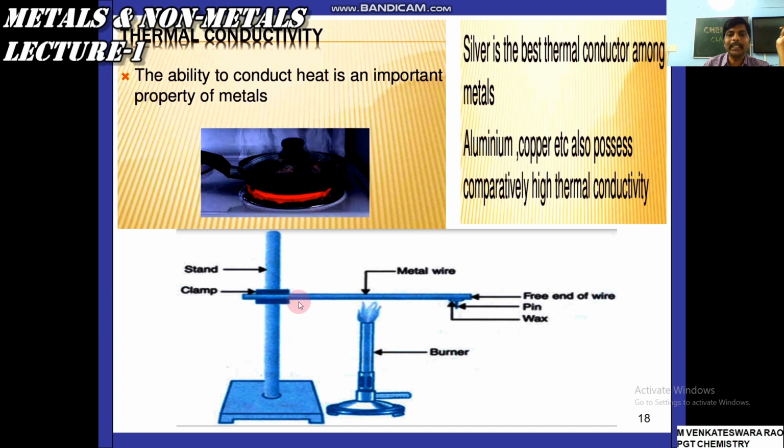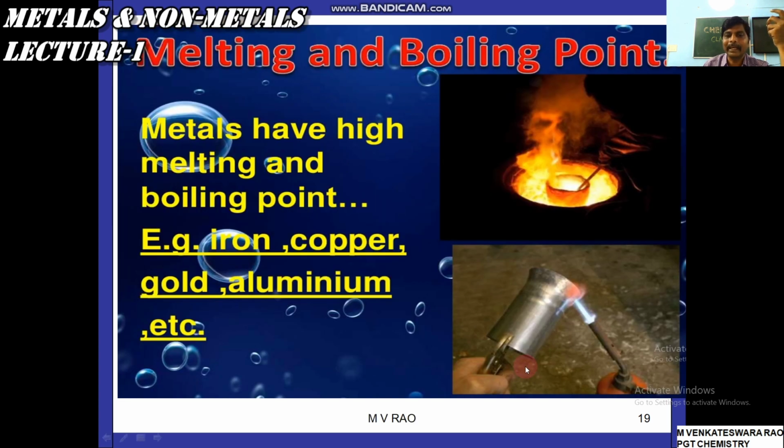So that means this rod allows the flow of heat through it. Any substance which allows the flow of heat through it is called a thermal conductor. Similarly, if electricity passes, it is an electrical conductor.